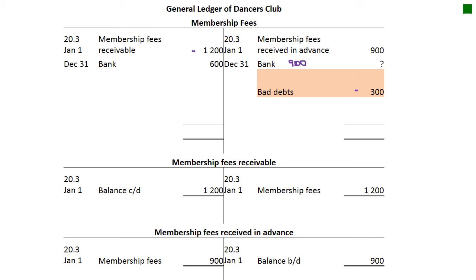But the other 300 of that is actually not going to get paid anymore. That's why we've taken the 300 out and debited bad debts. So this 1,200, remember, was membership fee income from last year, and that membership fee income effectively is cancelled out in the membership fees account when the money is received from the members or when we write off that amount that was owing as a bad debt.